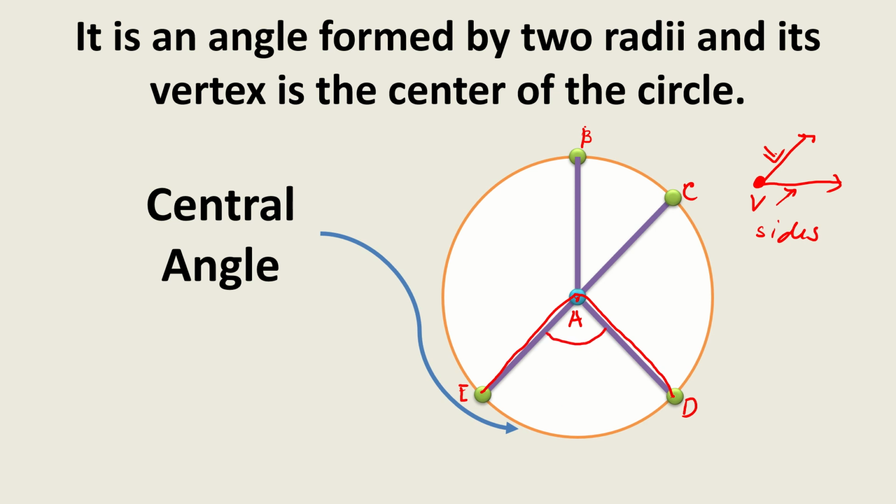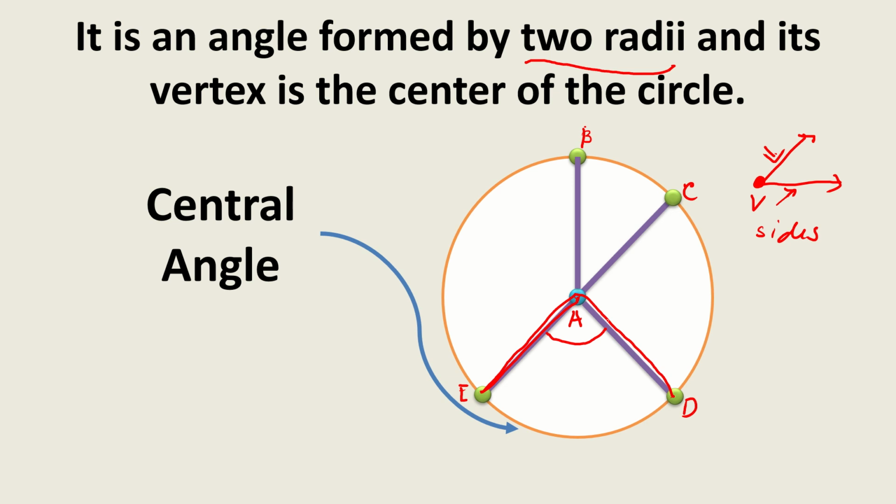Bakit siya naging central angle? Ano ba yung definition natin? It is an angle formed by two radii. Ano ba yung radii? Radius. Kaya nagkaroon tayo ng angle DAE kasi itong si point A to point E, this is a radius.